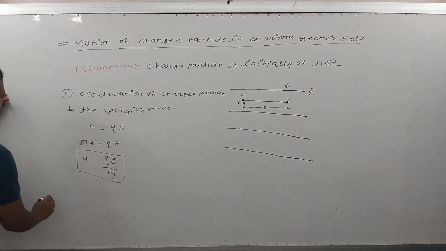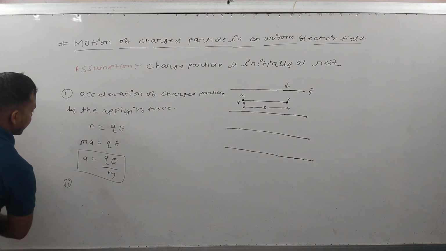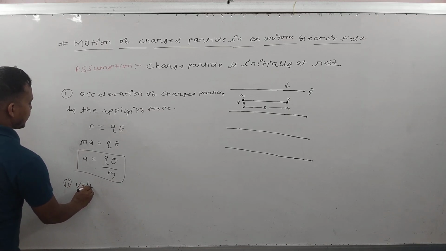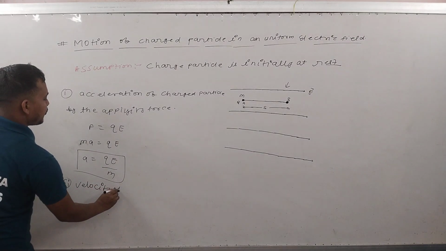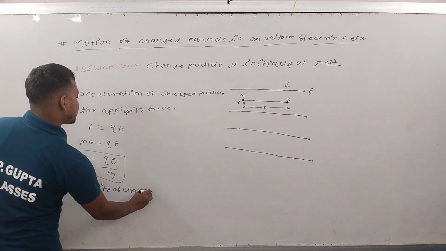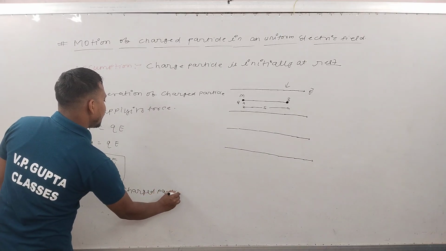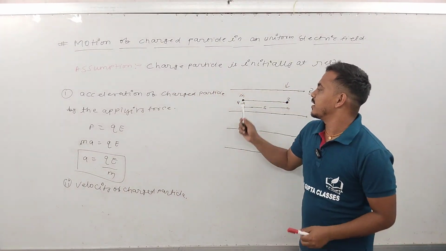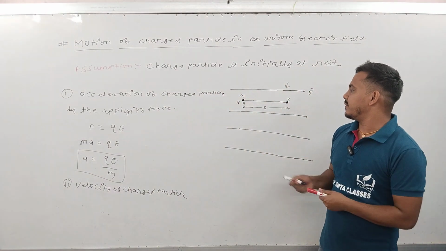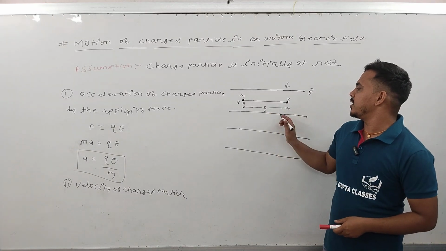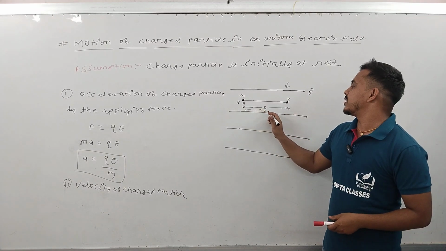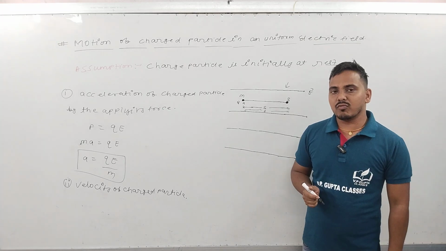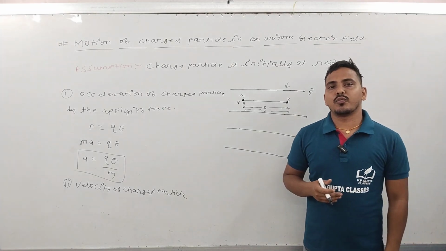And now next, second is the velocity of the charged particle. We assume that a charged particle initially at rest, after some time t reaches point B. Then we apply the equations of motion.